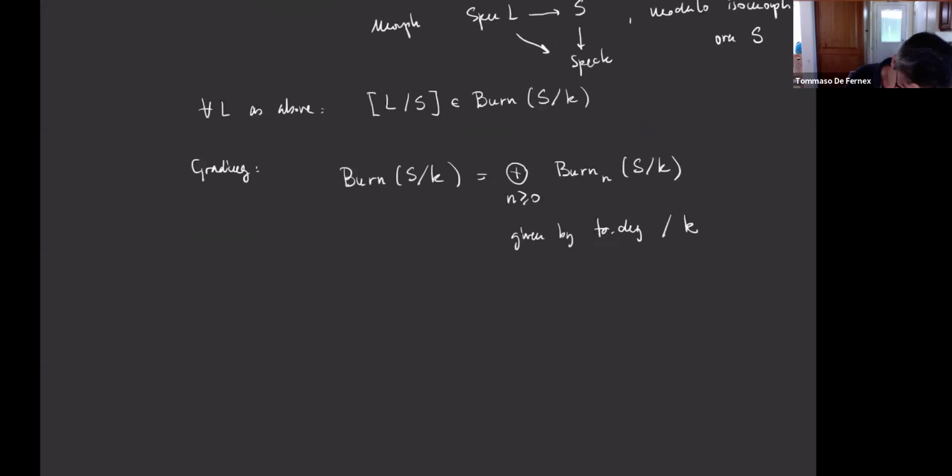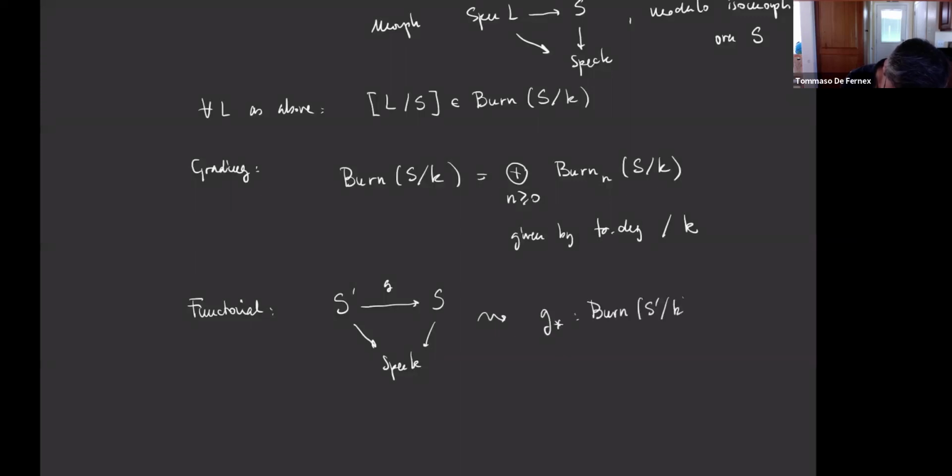And then this construction is functorial. So if I give you a map g between two schemes, S' and S, which of course is defined over Spec K, then to this map we can associate a push forward map from the Burnside group over S' to the Burnside group over S, just by composing the map from Spec L to S' with g.